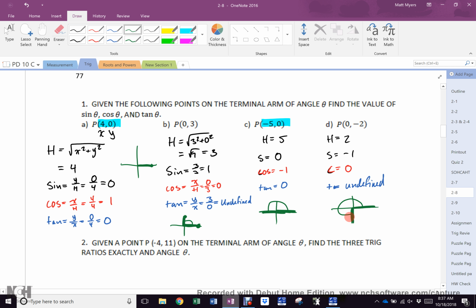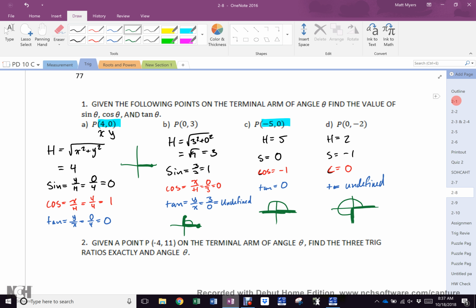Everybody cool? Now, notice, please, what is the reference angle here? 90, undefined. What is the reference angle here? 90, undefined. Everybody cool? Those are the 4 major ones, right? 360, 90, 180, 270. Yeah?